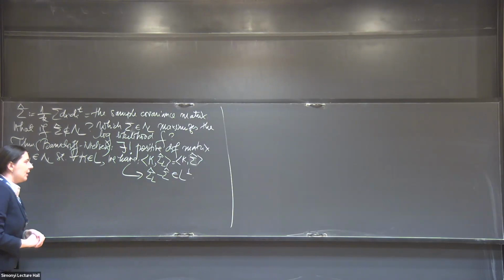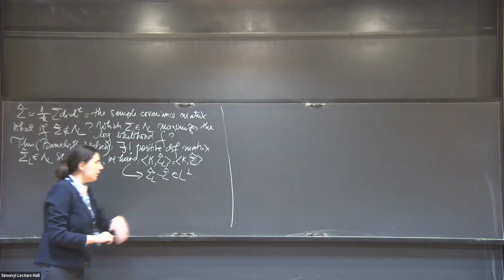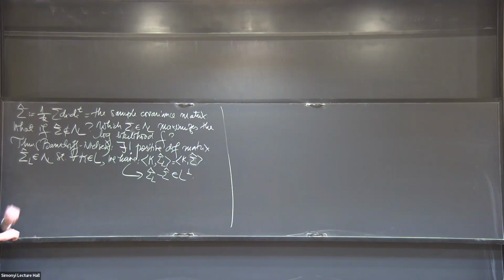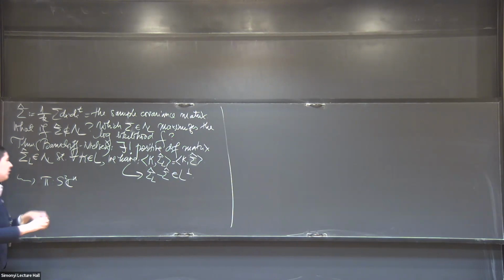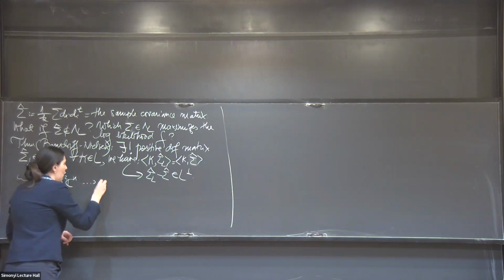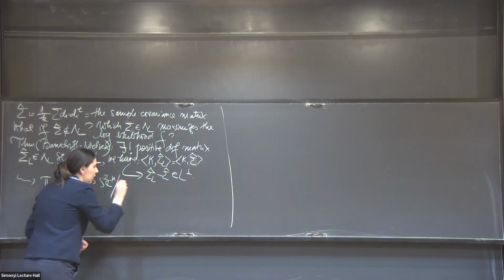Since we have this difference in L perp, it makes sense to consider the projection pi from the space of symmetric n-times-n matrices to this one quotiented out by L perp.